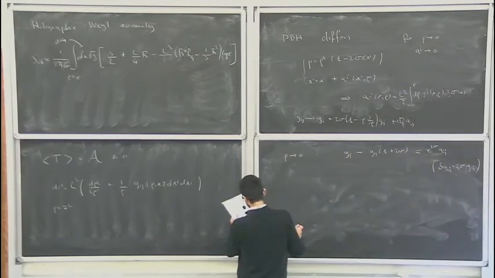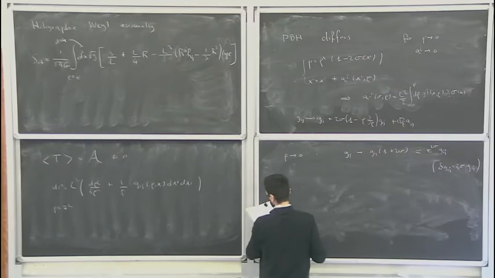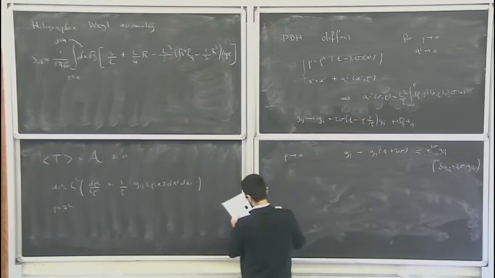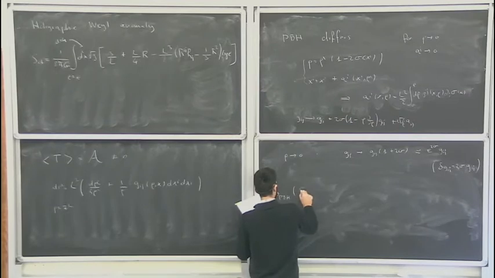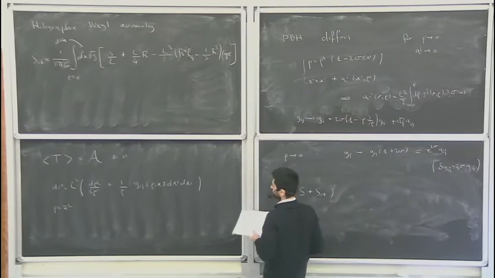So if we want to check how our action transforms, then we perform this transformation on the bulk action plus the counter term action, right?